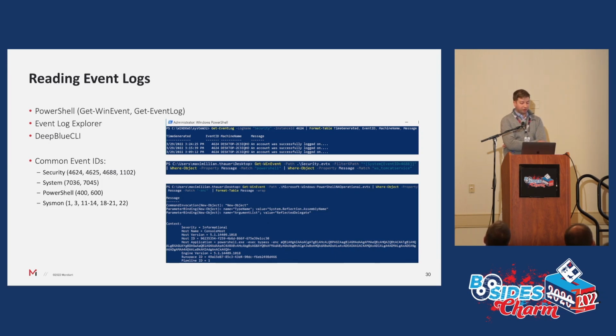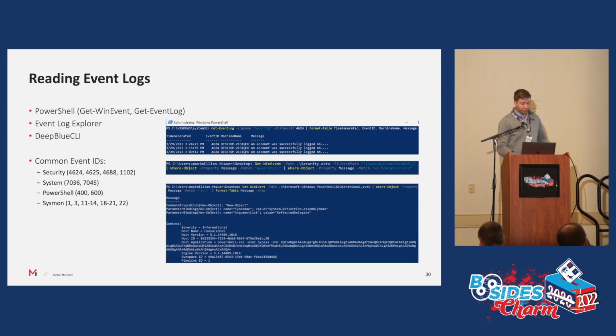Obviously, PowerShell is good as well. You can look for something like a 400 or 600, which will show you the script block logging and the actual command line that's being run. And if you also have Sysmon enabled on the machine, I won't go into the details of each of these, but it can give you some additional useful info.